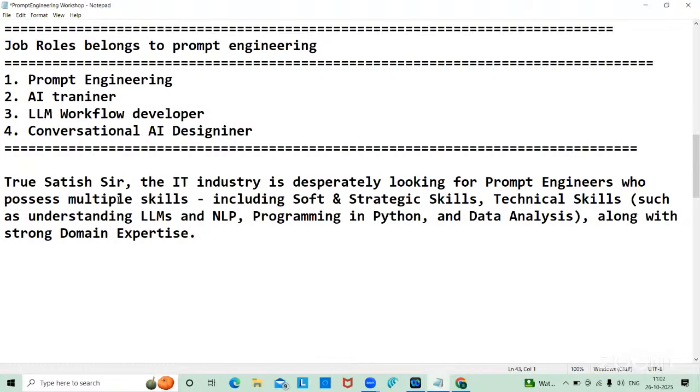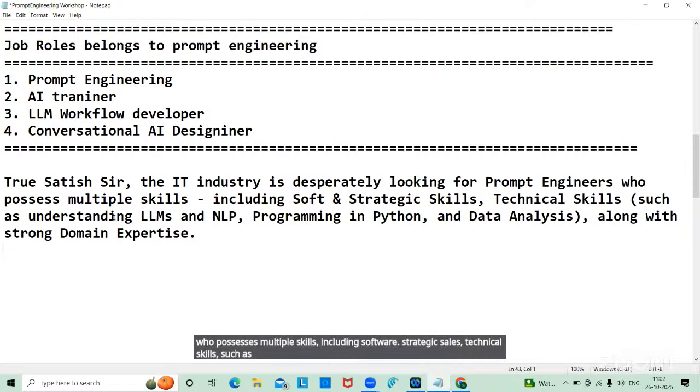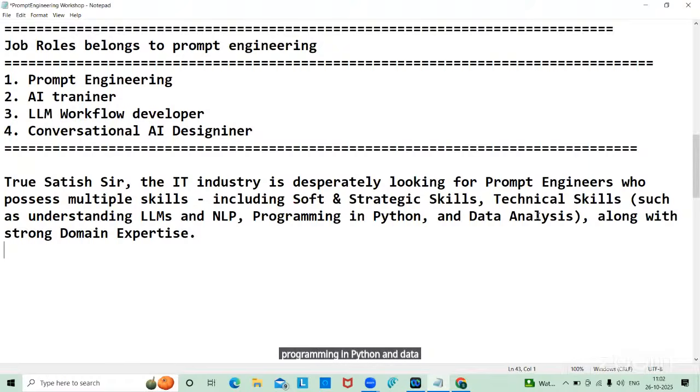The IT industry is desperately looking for prompt engineers who possess multiple skills, including soft strategic skills, technical skills such as understanding LLMs and NLP, programming in Python, and data analysis, along with strong domain expertise. Understood? So, a lot of demand is there. But people are not up to the mark.